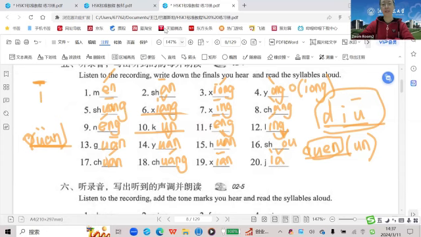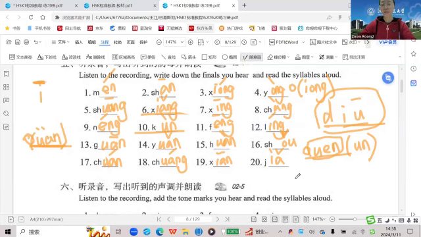That is not right. Number 20. I wrote wrong. Number 20 is jiu. So please write the final in the chat room for number 20. The final is iou.